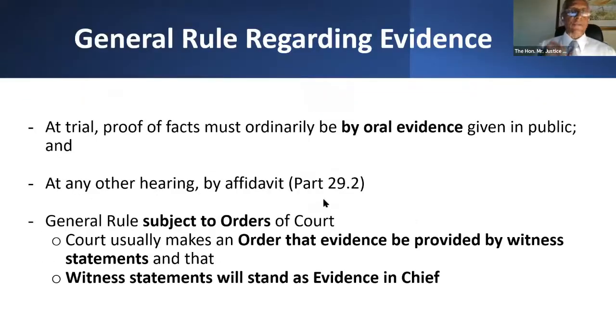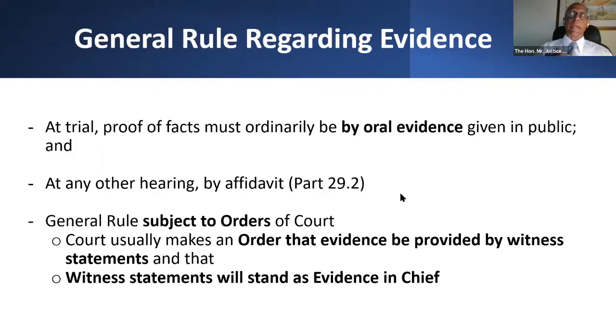Okay, so at trial, proof of facts must ordinarily be by oral evidence given in public. But it is also possible to prove facts by affidavit as per Part 29.2. When would you use an affidavit?